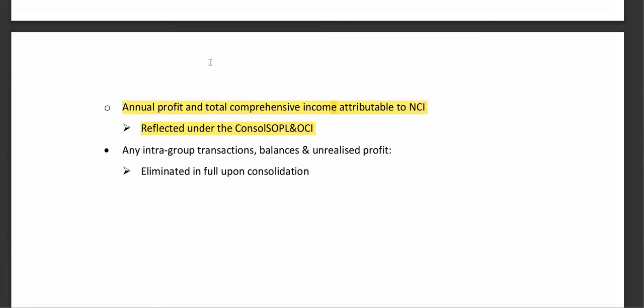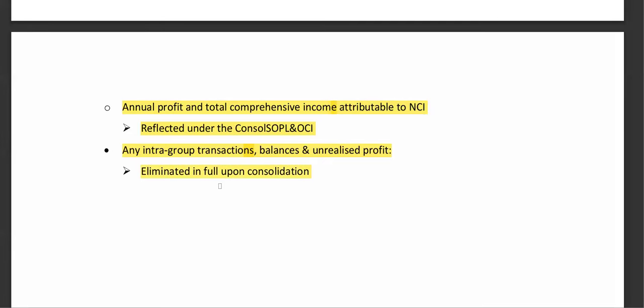And moreover, if there are any intra-group transactions, any transactions between TFS, the subsidiary, and Ressett, the parent, any such intra-group transactions, balances relating to those transactions, and unrealized profit in the event we have transferred products among the two entities, we should eliminate them upon consolidation.